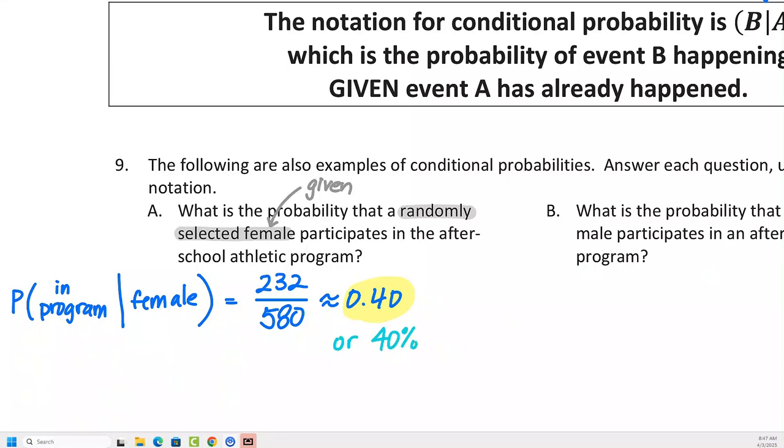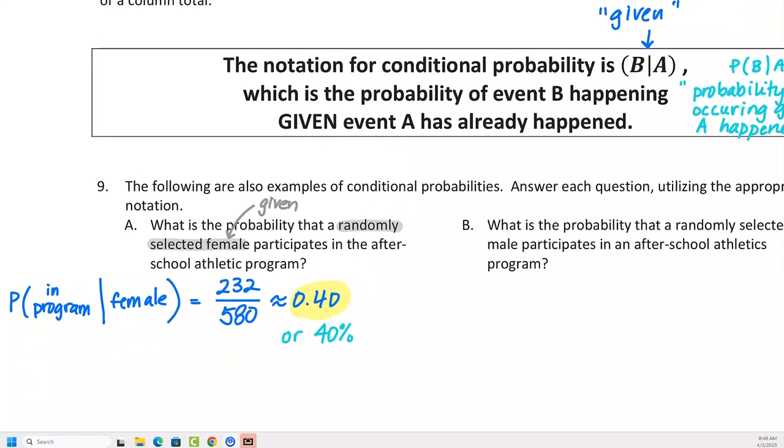It's interesting that the author of this curriculum chooses to leave it as a decimal when our brains, I don't know about you guys, but the percent makes more sense to me. But we'll just make sure that we know both. Okay, how are we doing?